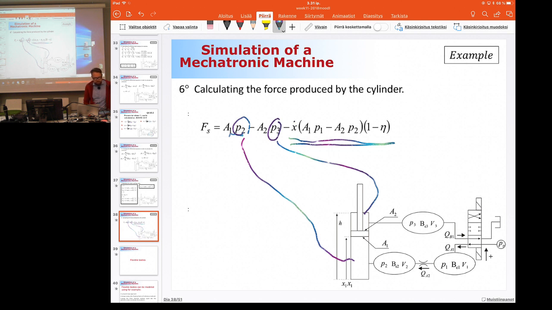That's the friction model, and I'm just assuming a hydraulic efficiency of the hydraulic cylinder, which can be estimated to be 0.9. So it's a very simple friction model, but quite good as well. That's the end of the story of the hydraulics.